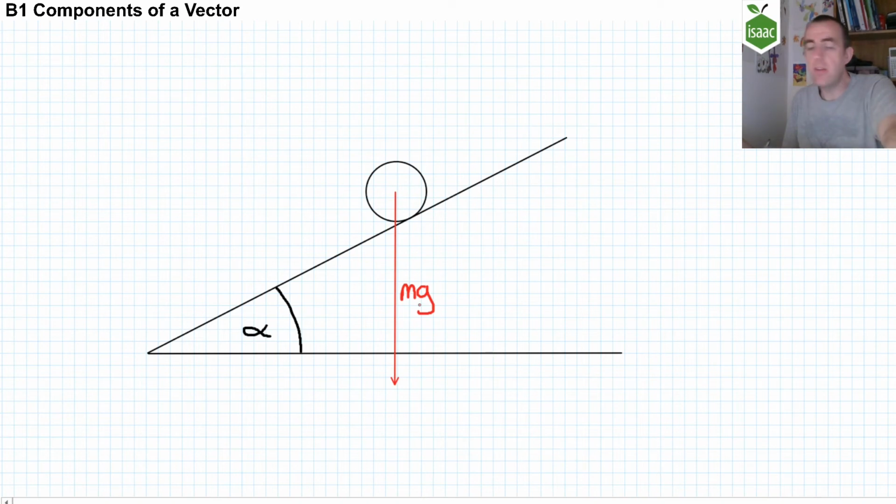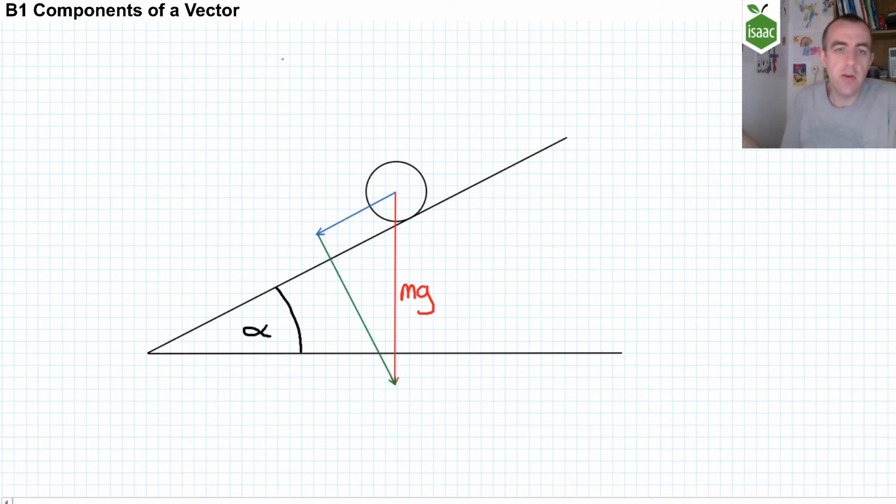We know the weight of the object, mass times gravitational field strength, will be acting directly down from the centre of mass. And to avoid any complications with rotational dynamics, let's assume that this body is a point particle. We have to select two components of this vector, and it is useful to have those two components so that one of them is parallel to the ramp. After all, we are after the acceleration parallel to the ramp.